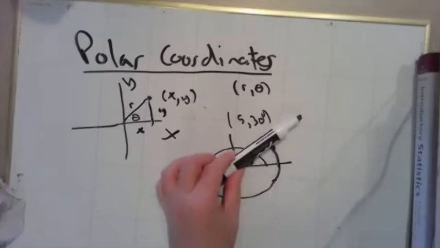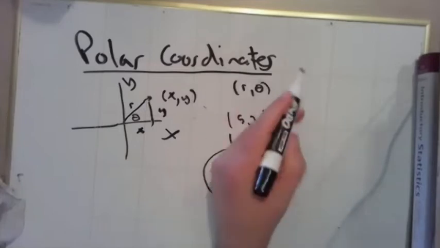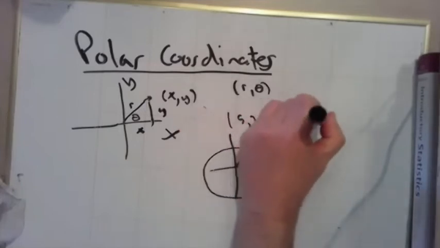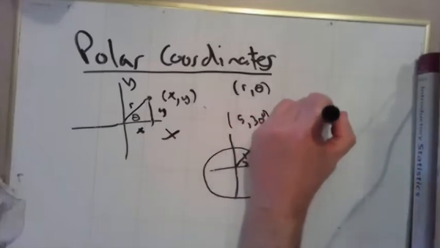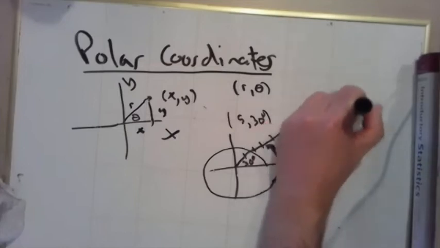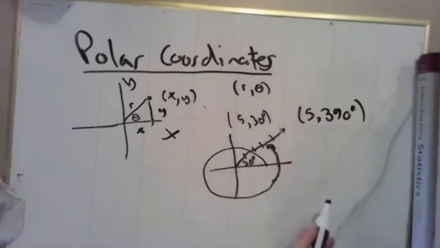You're still facing the same direction, and now walk out 5 units. So I could also write that point (5, 390 degrees). Same point. In polar coordinates, there's more than one way to get to the same location.